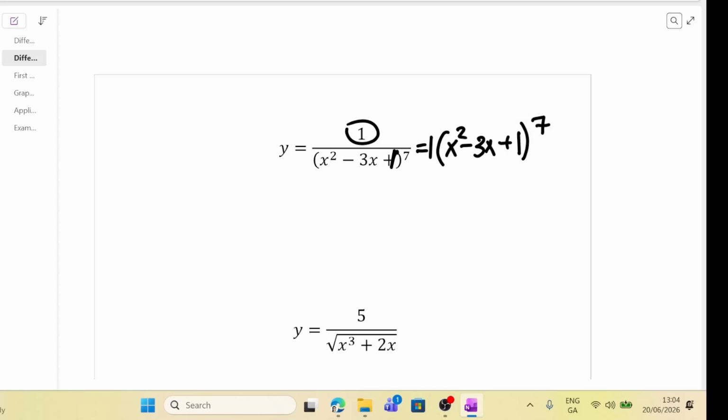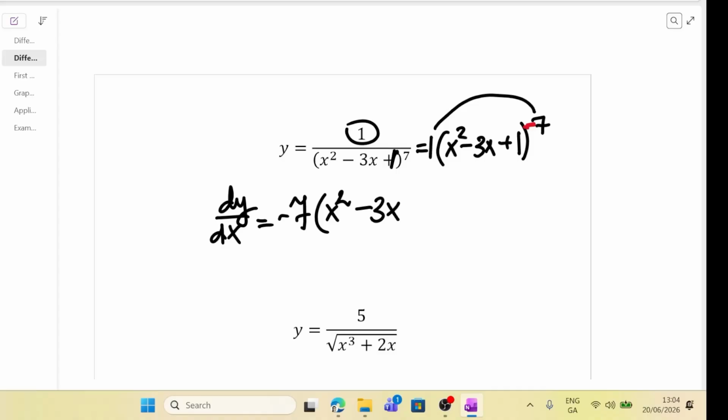That's very important to remember: I get rid of the fraction, so my power becomes negative, and this way I could avoid the quotient rule and differentiate that using the chain rule. So look what I'm doing. I bring the power to the front and multiply by 1, so it's minus 7, and then x squared minus 3x plus 1, and then reduce the minus 7 by 1, so that will give me minus 8, and then I multiply that by the derivative of inside, which is just 2x minus 3.